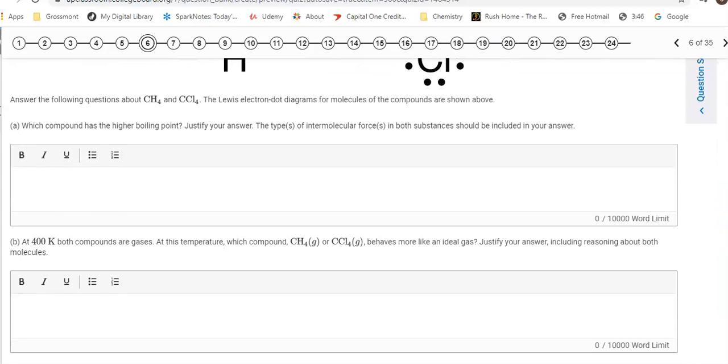B, at 400 K, both compounds are gases. At this temperature, which compound behaves more like an ideal gas? Okay, it would be CH4. An ideal gas means that the gas molecules do not want to stick together or interfere with each other. If they start sticking together, they start becoming like a liquid. That's what a liquid is, when molecules start to stick together.